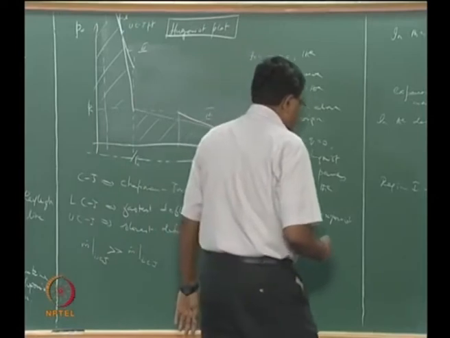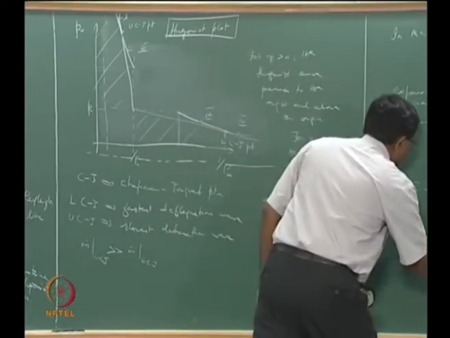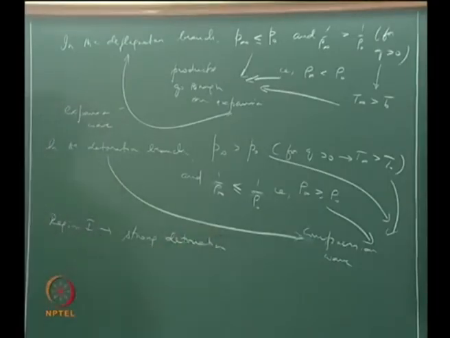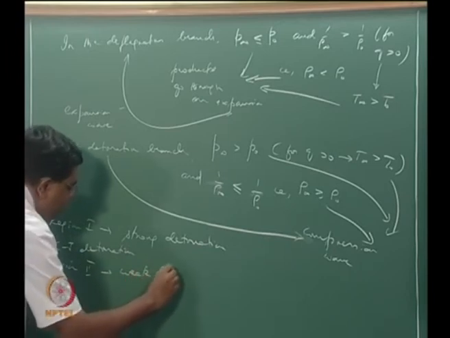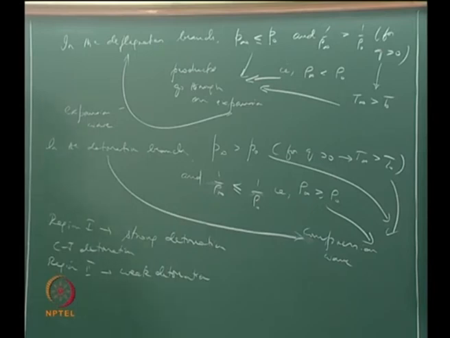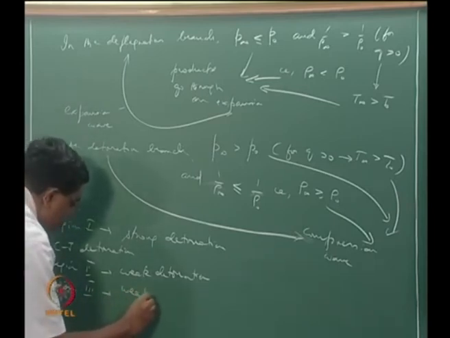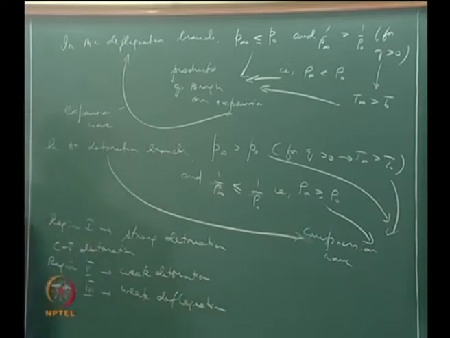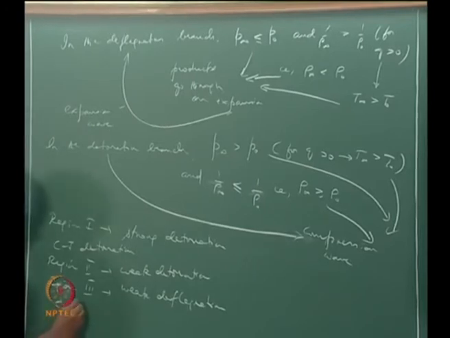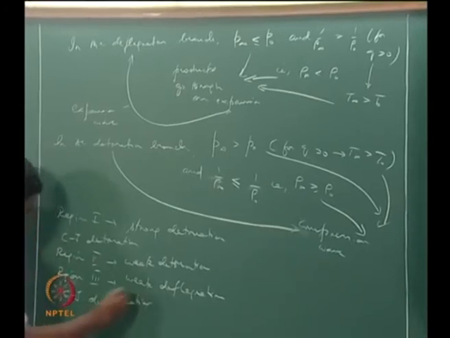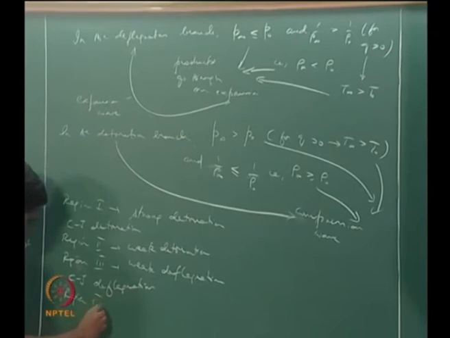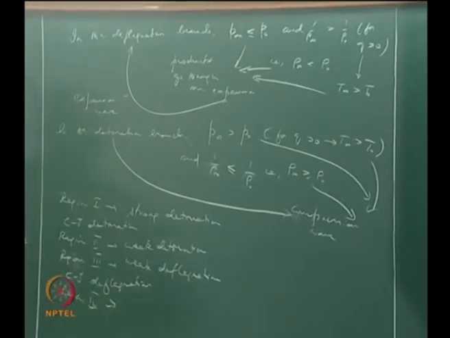So region 1 is essentially what is called a strong detonation, and then of course you have the CJ detonation, and then region 2 corresponds to a weak detonation, and then region 3 corresponds to a weak deflagration, and then you have the CJ deflagration, and then region 4 that should by now be easier for you to figure, that should be called strong deflagration.